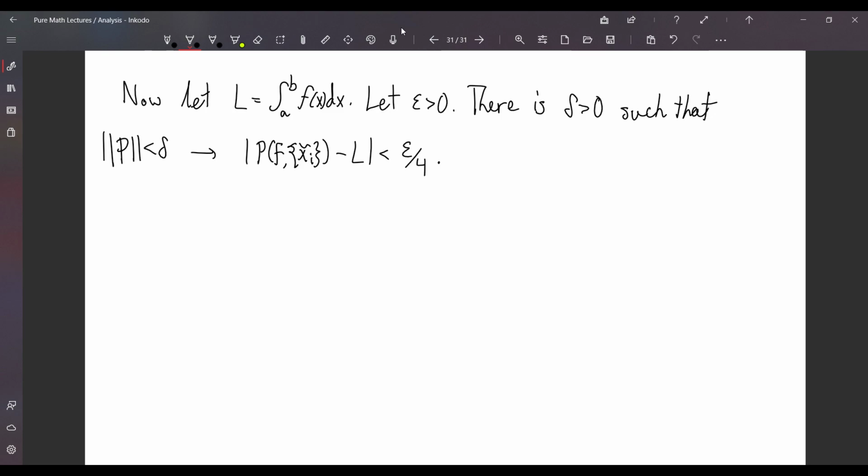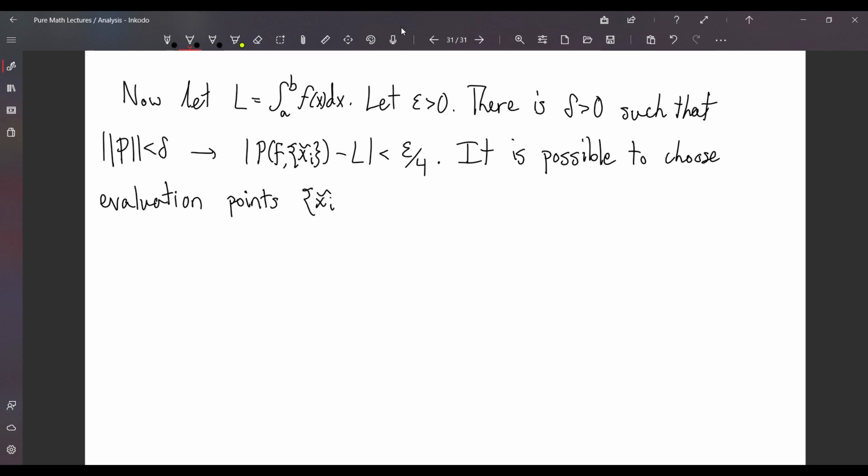Now, it is possible to choose evaluation points such that we are arbitrarily close to the upper sum, right?